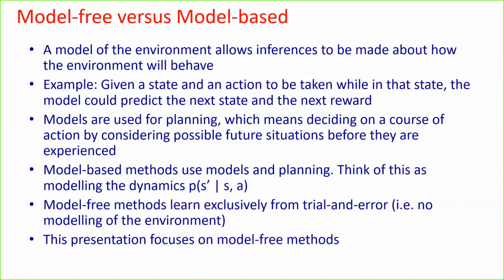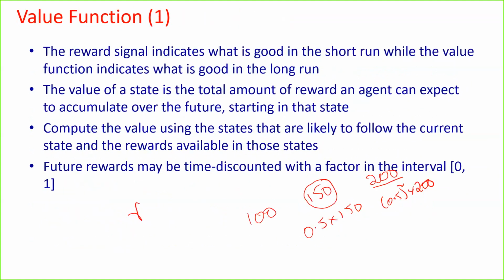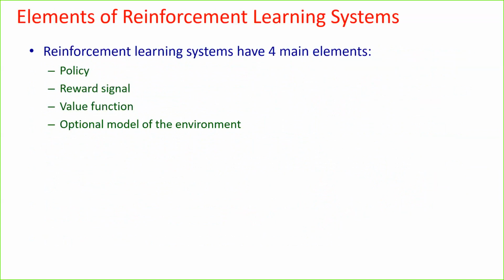The next one is model-free approaches versus model-based approaches. This is optional. I said there is one more element, which is the optional model of the environment. It means the agent may have some idea about the environment, or may not have any idea about the environment.